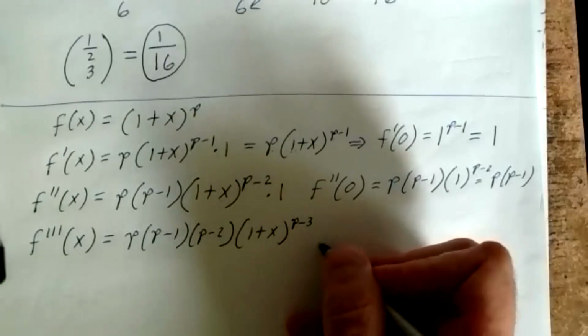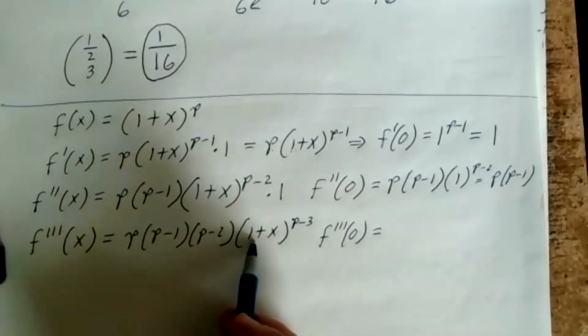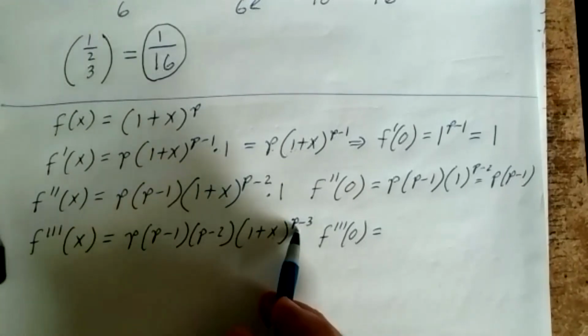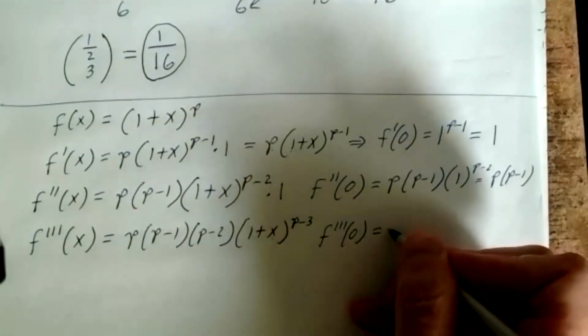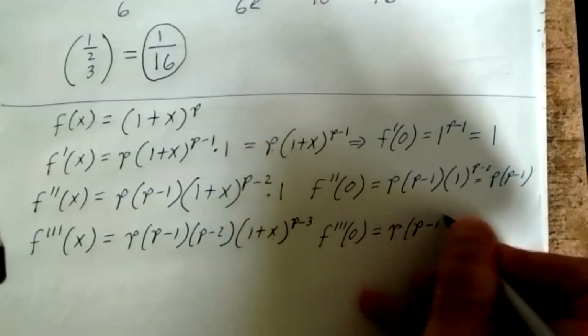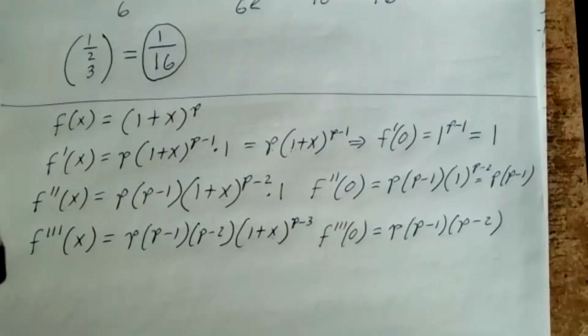Evaluating our third derivative at 0, replacing x with 0, 1 plus 0 is 1, but 1 to any power is just 1. So this is just going to be 1. And so therefore we're going to be left with our third derivative evaluated at 0 is just going to be p times p minus 1 times p minus 2. That's your third derivative evaluated at 0.